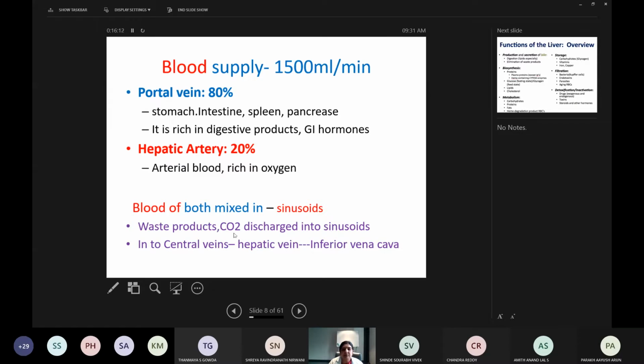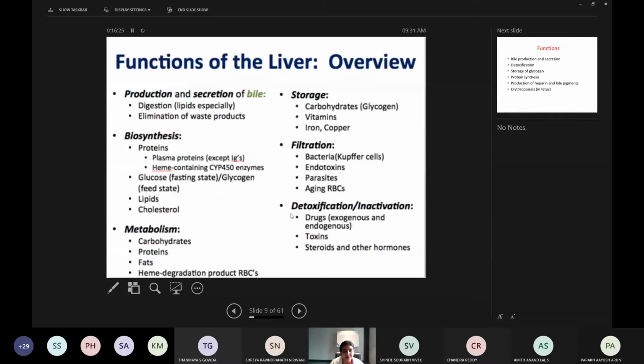From here the blood will enter into central veins, then go to the hepatic vein. Ultimately all hepatic veins will join together to empty into the inferior vena cava. Okay, so that is the importance and significance of the liver blood supply.